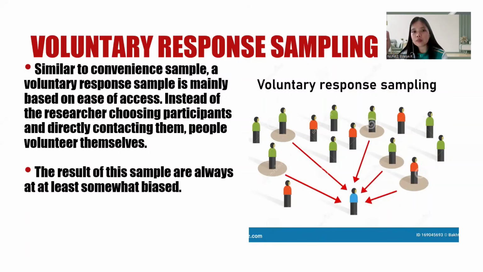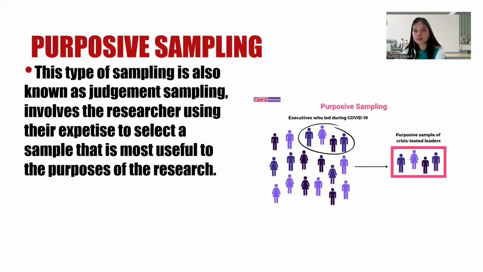So the results of this sample are always at least somewhat biased. It's not really good when we do a survey with voluntary response sampling, because you might be friends with them, or they might have an ulterior motive, so that's why they participate in your study. So this is actually not a good sampling technique or sampling procedure.